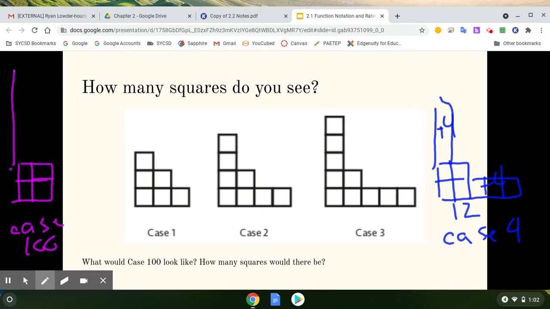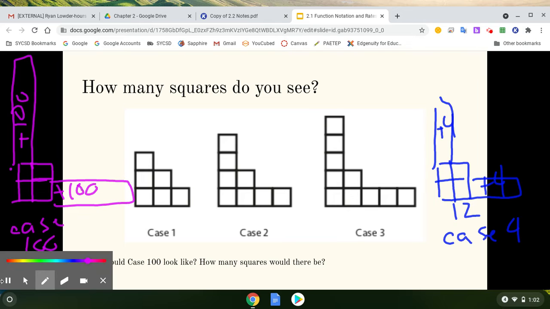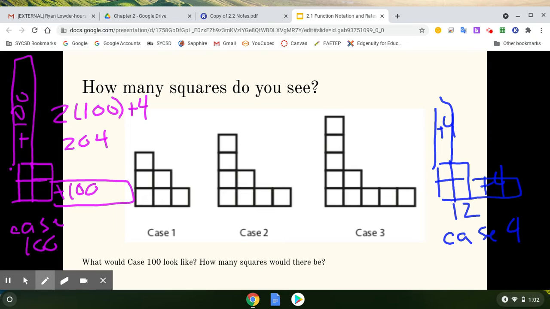But now we would have 100 additional squares above and 100 additional squares to the right. So to determine how many squares there are, I'd have 2 sets of 100 and then add the original 4 to that. So total, there would be 204 squares.